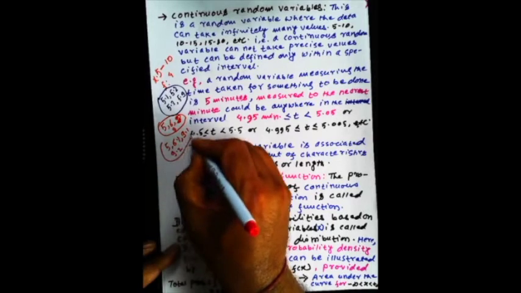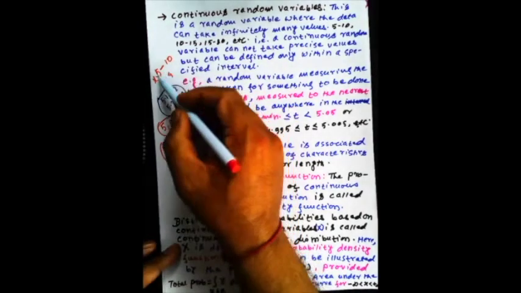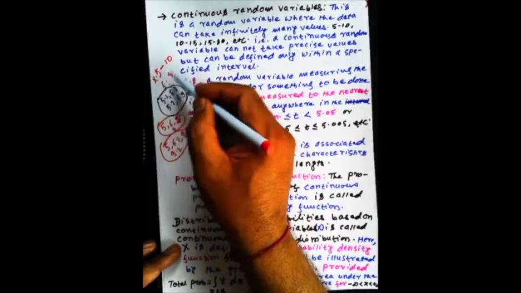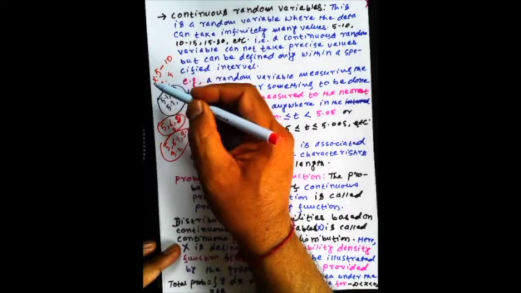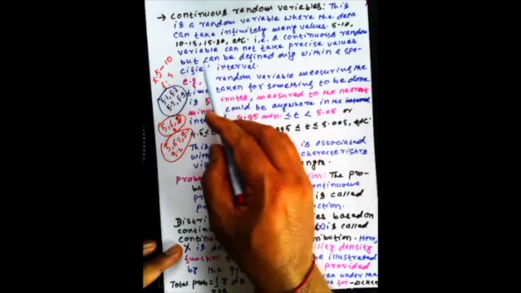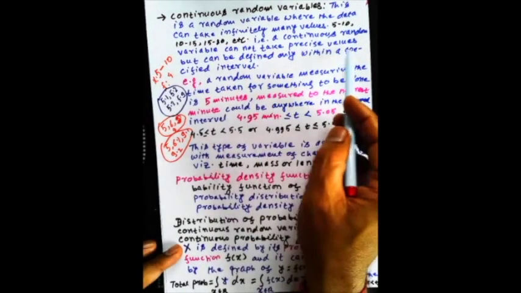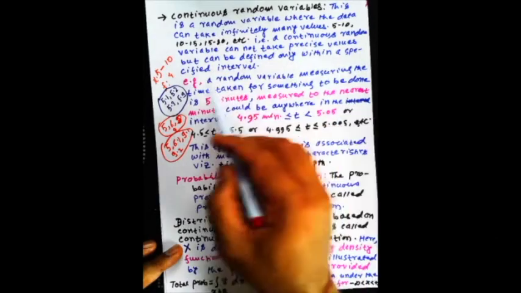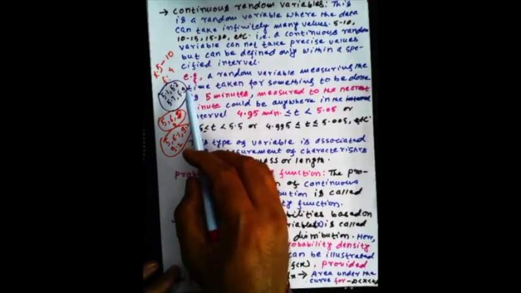So we can consider any of these values in between 5 and 10. We are not sure which values are there, only the boundary points are known. Therefore we can say that it cannot take precise values but can be defined only within a specified interval. Here are some examples.